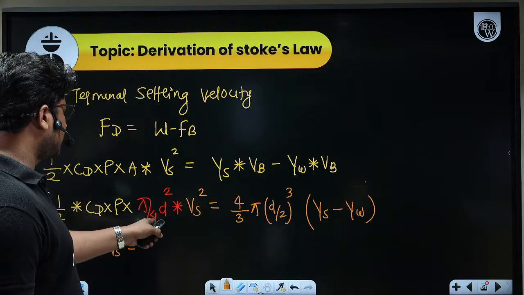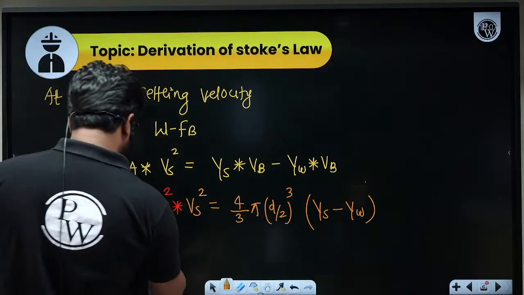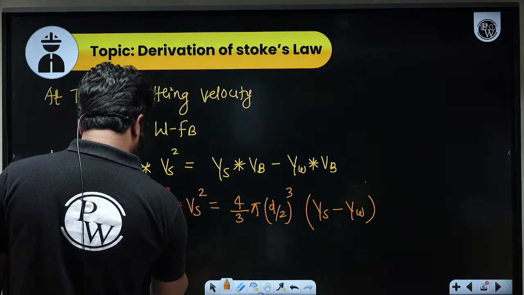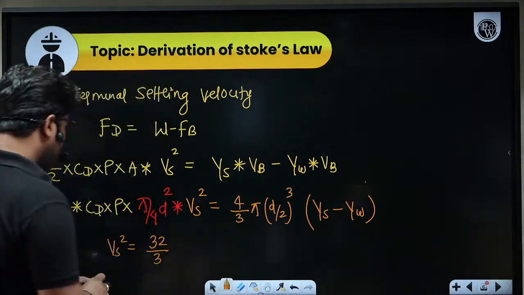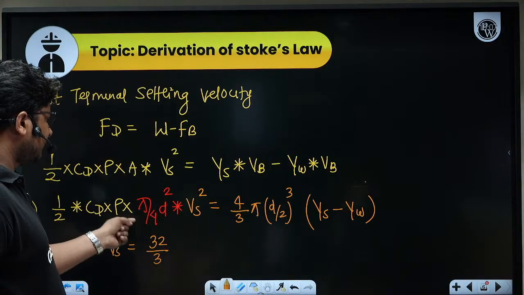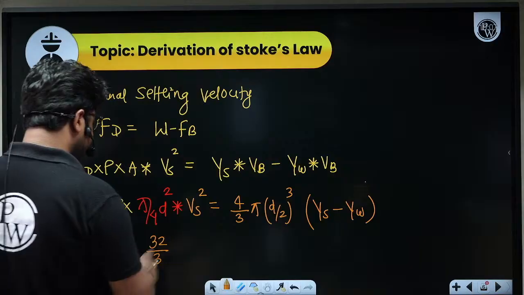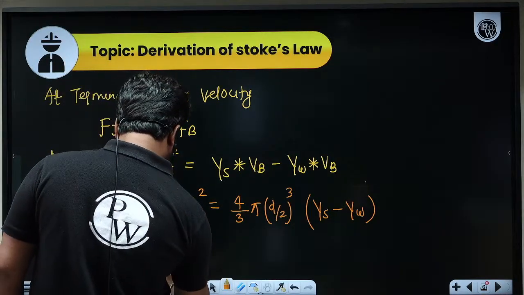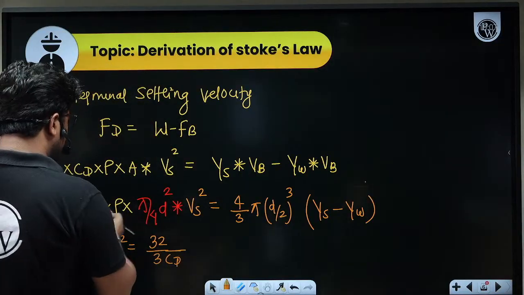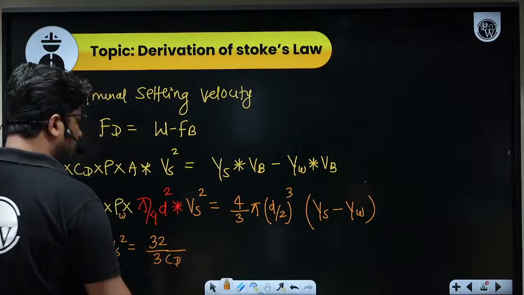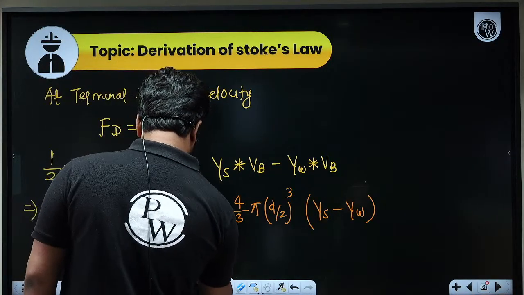This is 1 by 4, so 8 by 3: 4 into 2 is 8, and 8 on that side will be 32, so 32 by 3. CD will be at the bottom. Then you have rho, which here, considering water, will be rho W. That also you have to keep at the bottom.